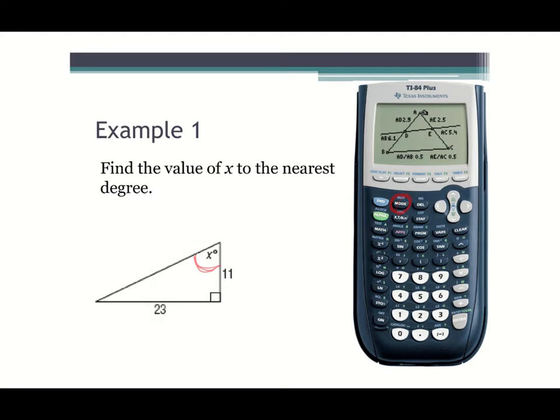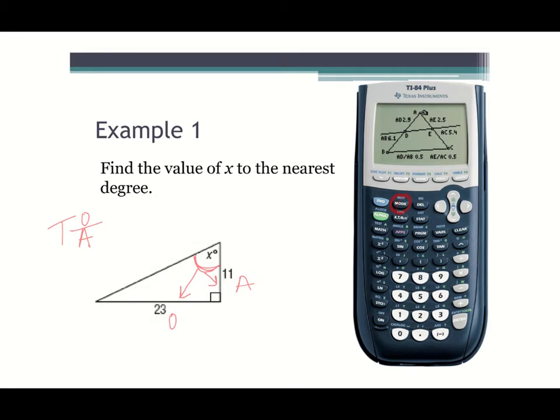Well, if we look at 23, 23 is opposite of that angle, and 11 is adjacent to that angle. So if we think about our trig functions that have to do with opposite and adjacent, we have SOHCAHTOA. TOA, tangent, is opposite over adjacent, and we're given opposite over adjacent. So that's the trig function that we're going to want to use.